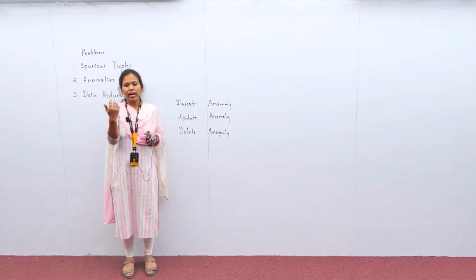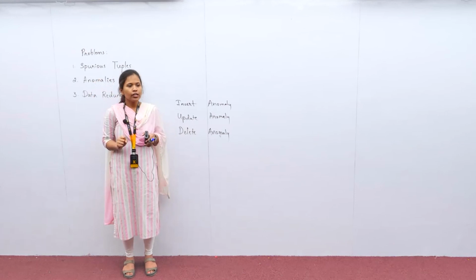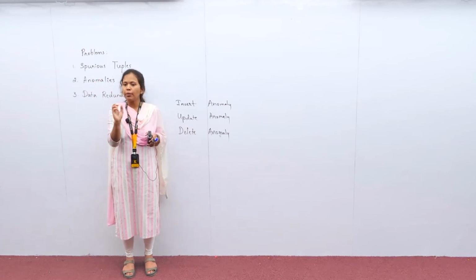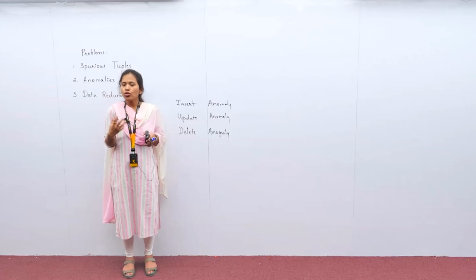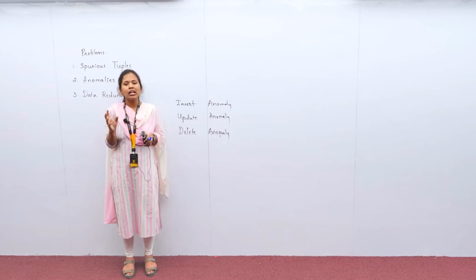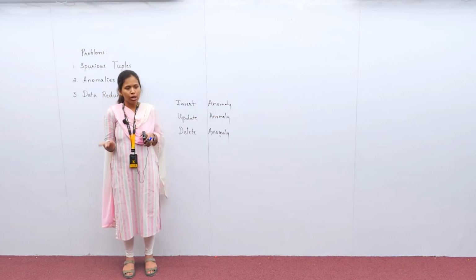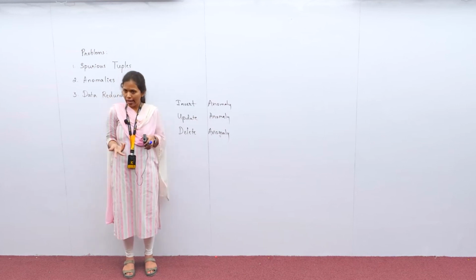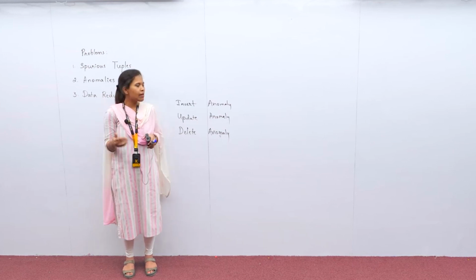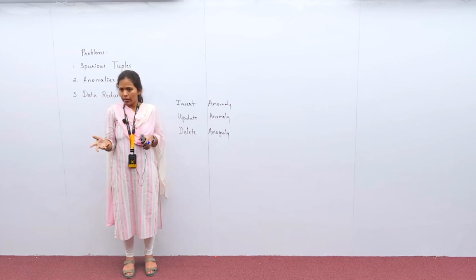Or say you try to delete one record, and due to that you lose some other data also. Are you understanding? You try to delete some particular data, but you lose other data also. So during deletion, if you are getting any problem, you call it a deletion anomaly. So an anomaly is nothing but problems that occur in the table while performing DML actions like insertion, updation, or deletion. There are three different anomalies: insertion anomaly, updation anomaly, and deletion anomaly.